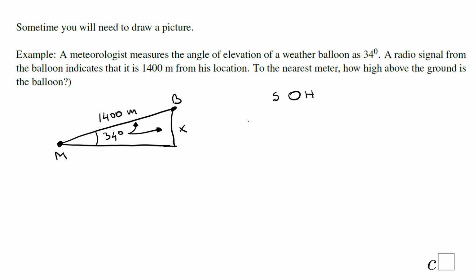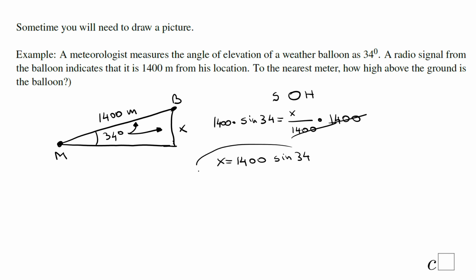So we're going to have sine of 34 equals opposite x over hypotenuse 1400. In this case, we're going to multiply by 1400. And we have x equals 1400 times sine of 34.